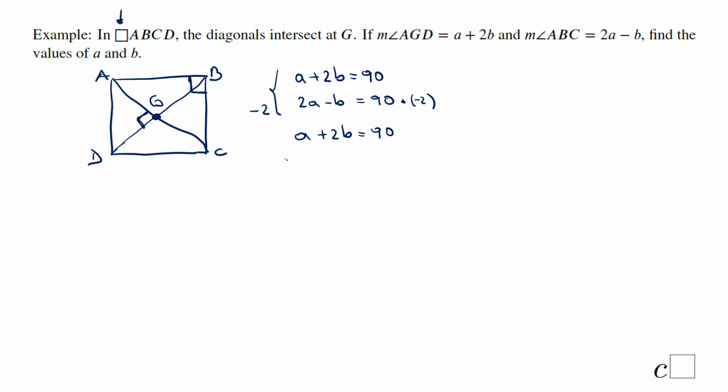The second equation becomes negative 4A, and I should multiply by positive 2, and minus 2B equals 180. You notice the reason we multiply is to cancel the B's. This is the elimination method, and we have here negative 3A when we add these two equations.